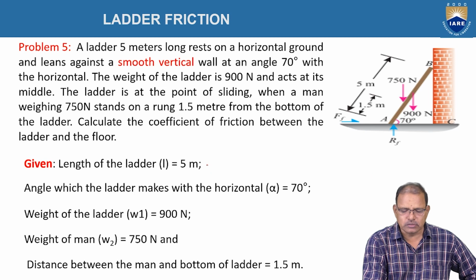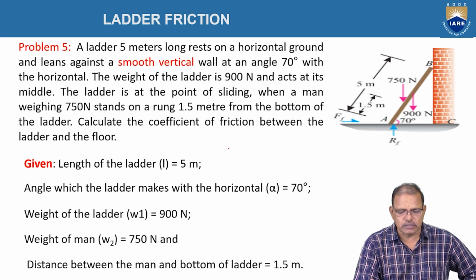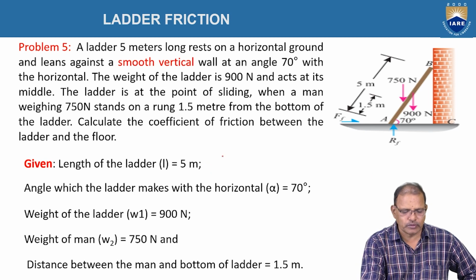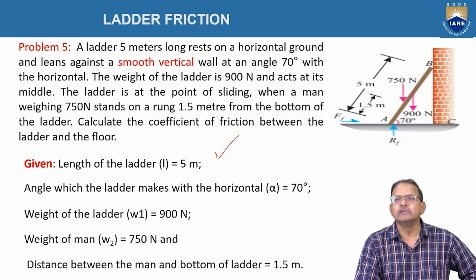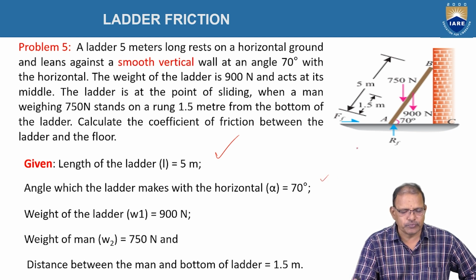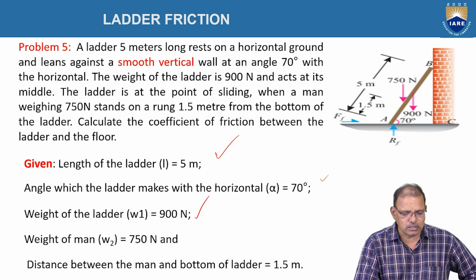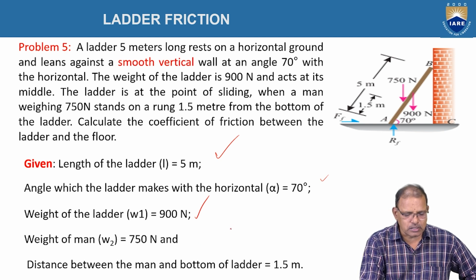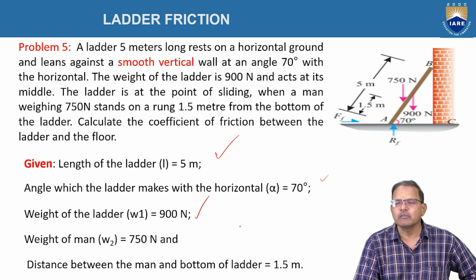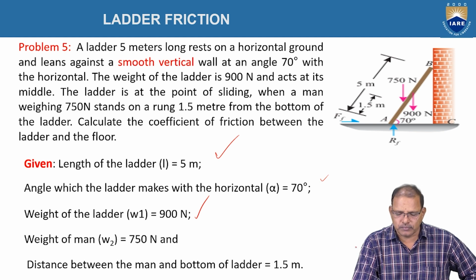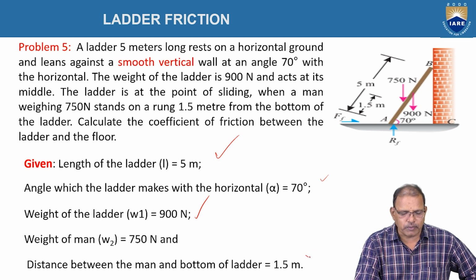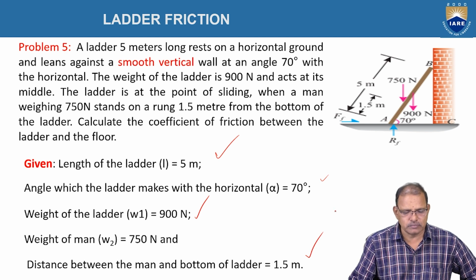The length of the ladder is given as 5 meters. The angle the ladder makes with the horizontal is 70 degrees. The weight of the ladder is 900 newtons. The weight of the person is 750 newtons. The distance between the man and the bottom of the ladder is given as 1.5 meters.